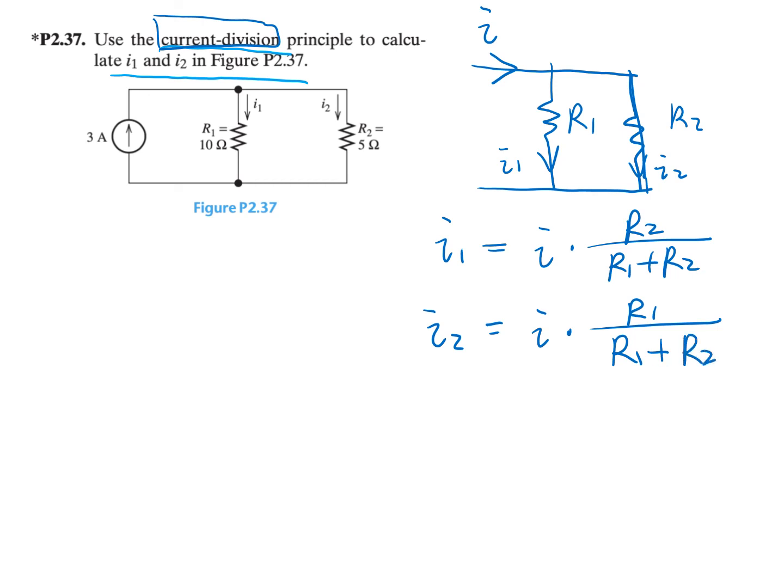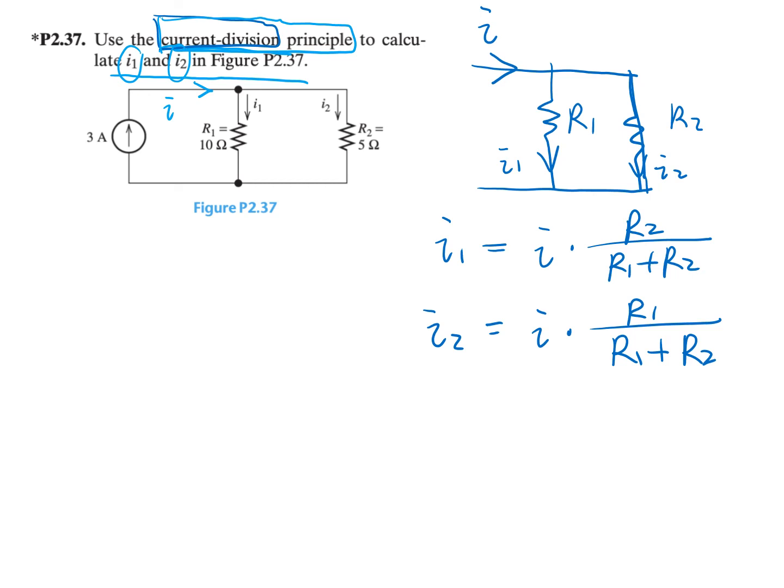So in this question, we are going to use the current division principle to calculate I1 and I2 in this circuit. You can see the total current is 3 amp. In this case, that's the current I flowing through this branch and divided into I1 and I2.